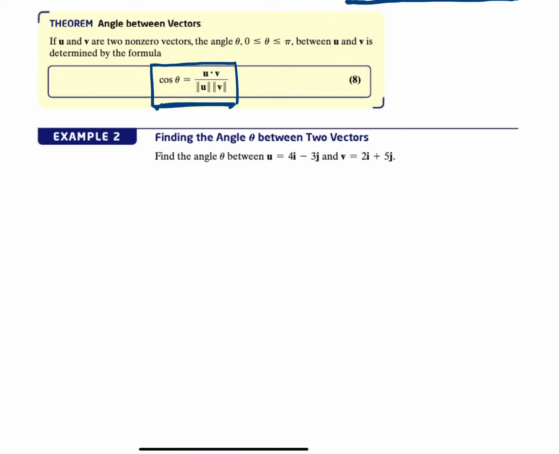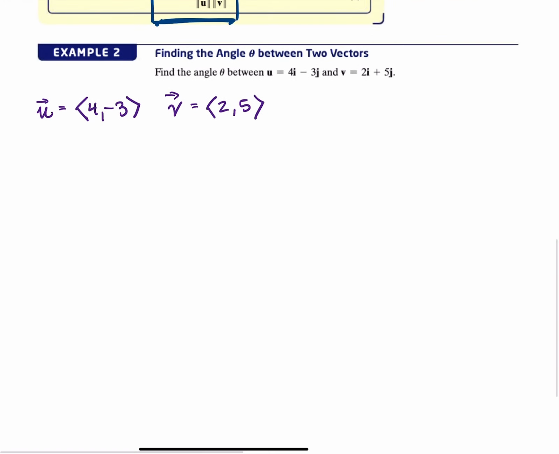So we're given two vectors. Our vector u is 4, negative 3, or 4i minus 3j. And then our vector v is 2 comma 5. So if we're saying the angle between these two vectors, or the cosine of the angle, is u dot v over magnitude of u times the magnitude of v, let's find out each of these components.